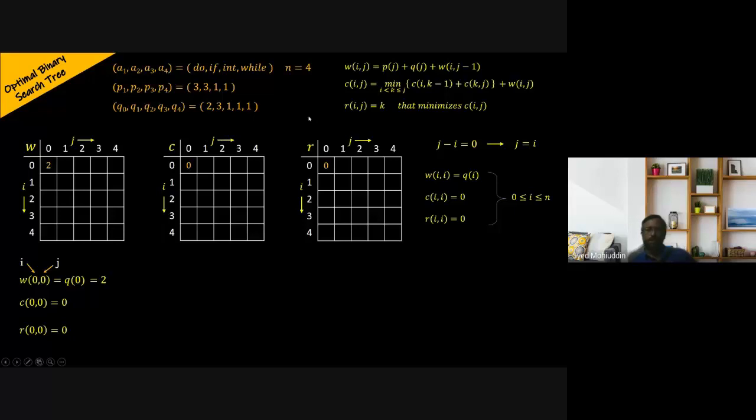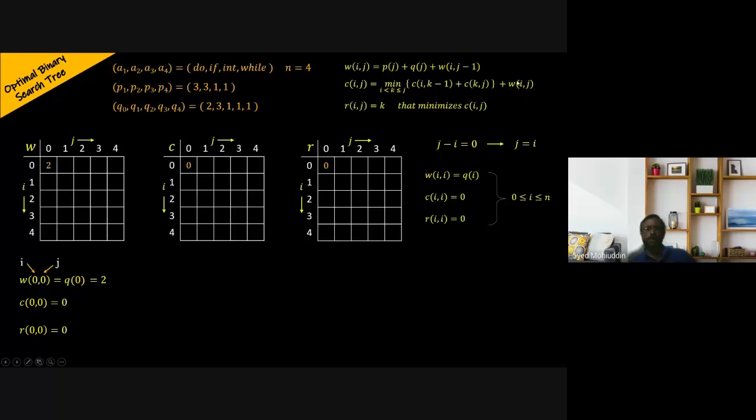Now to compute that, we have a formula: C(i, j) equals the minimum of C(i, k-1) plus C(k, j). This k will range from i to j, not including i. That is why we have i less than k, k less than or equal to j, plus w(i, j).